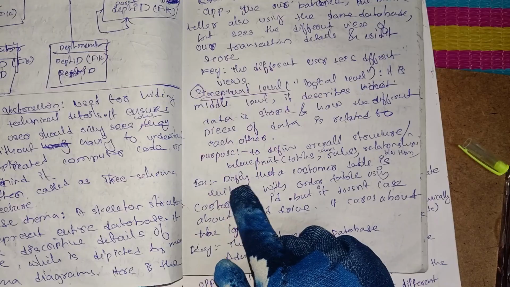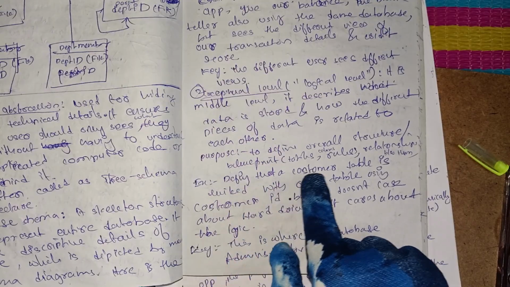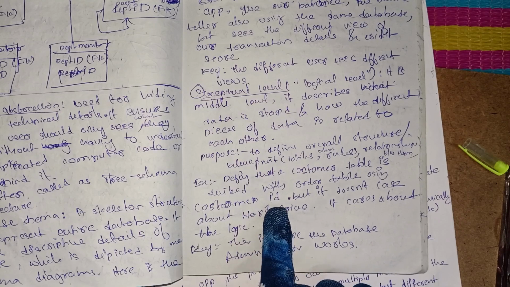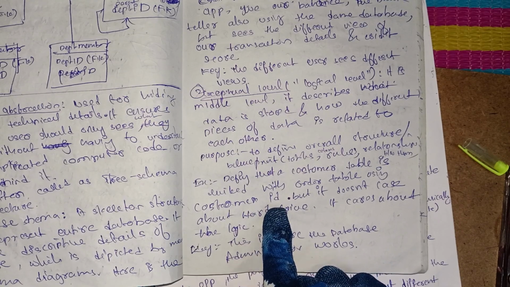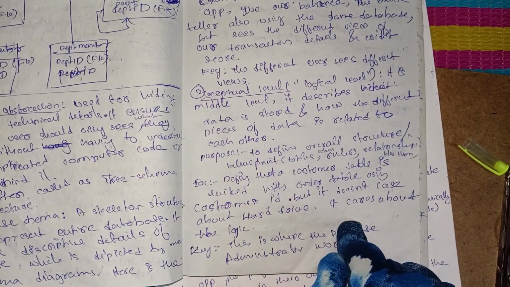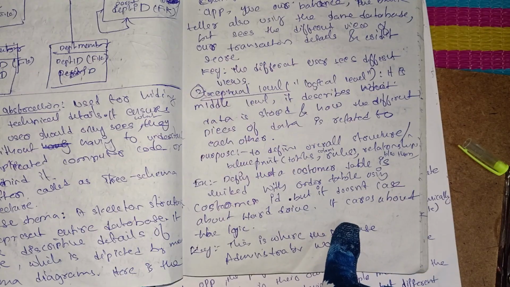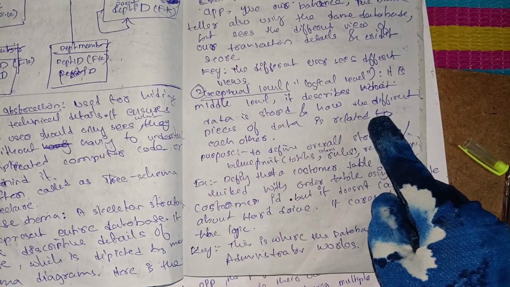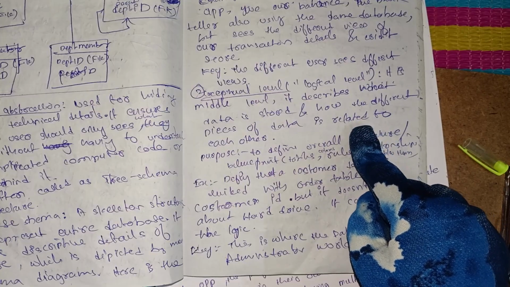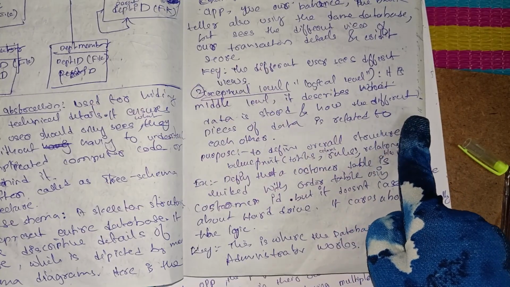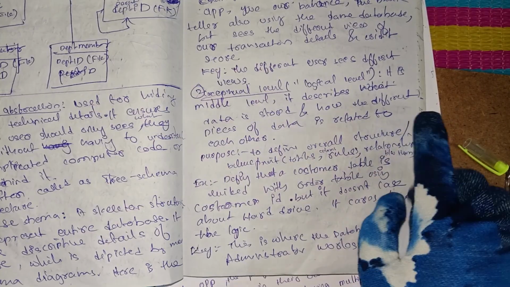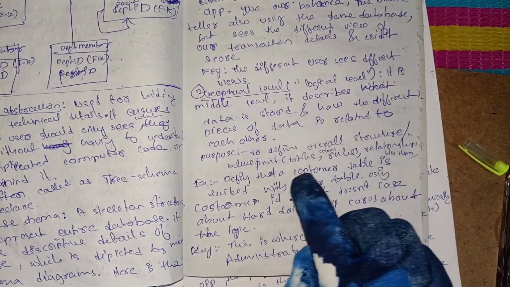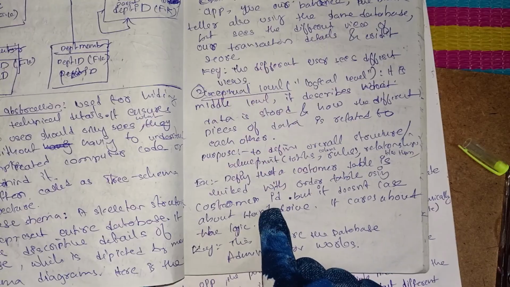An example: defining that a customer table is linked with an order table using customer ID. So an order table is there and a customer table is there. Here customer name and customer ID are there, and in the order table product name and order ID are there. These two tables are related to each other, linked using customer ID.